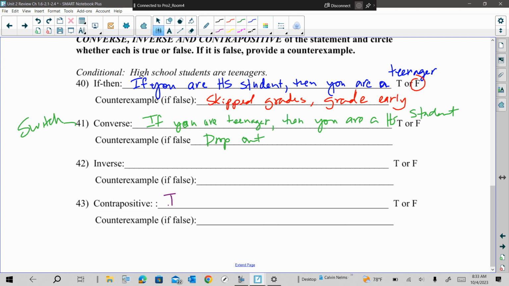So we're going to say if you are not a teenager, comma, then you are not a high school student. Okay. That could be false or it could be true. If we say false, what could be a counterexample? Not a teenager, but still a high school student.